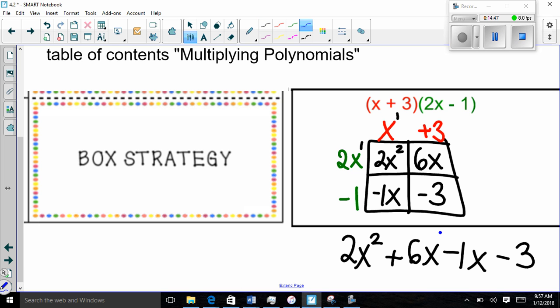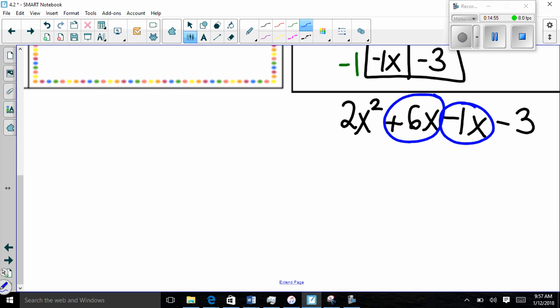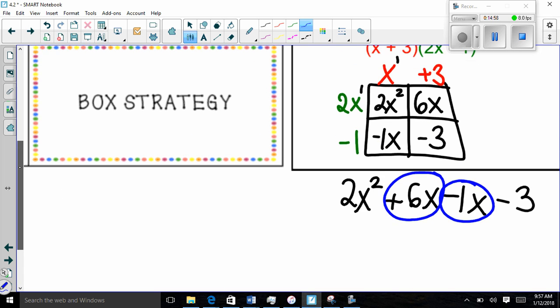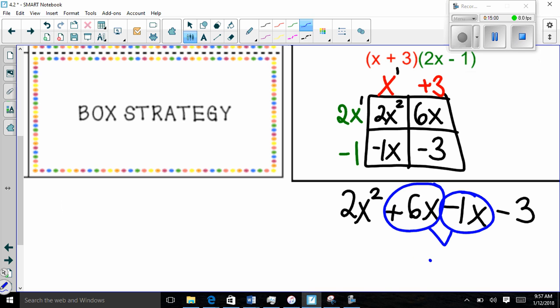So you can see that 6x and negative 1x have the same last name, right? What is 6 minus 1 or 6 plus negative 1? 5x, right? So I'm just going to rewrite this as 5x, minus 3, so I'm bringing down these ones. So that's my answer.